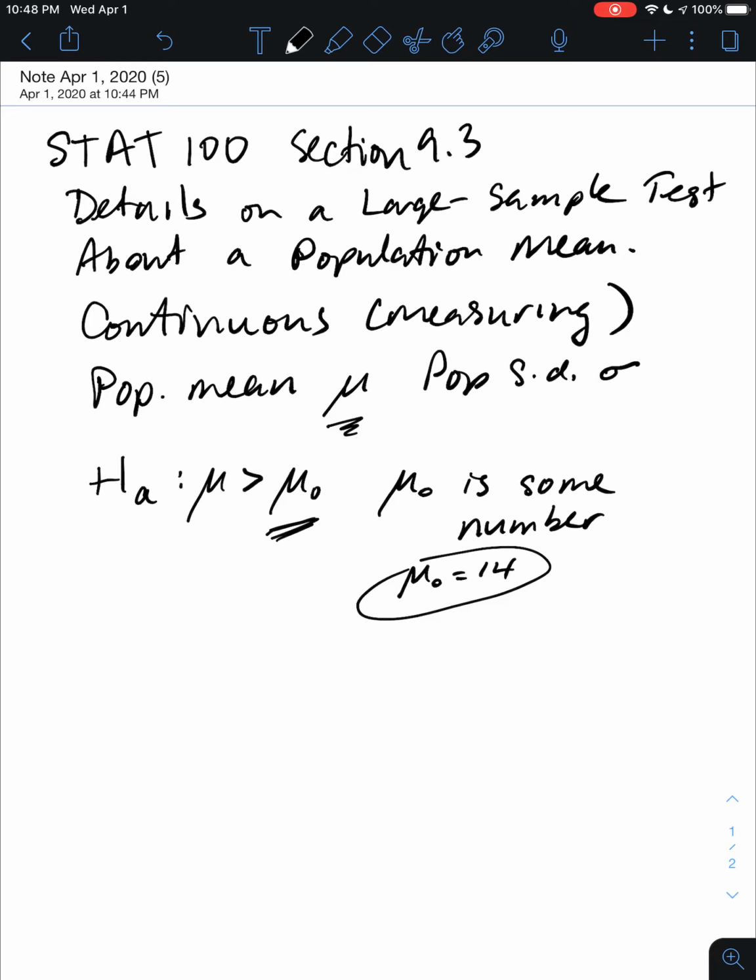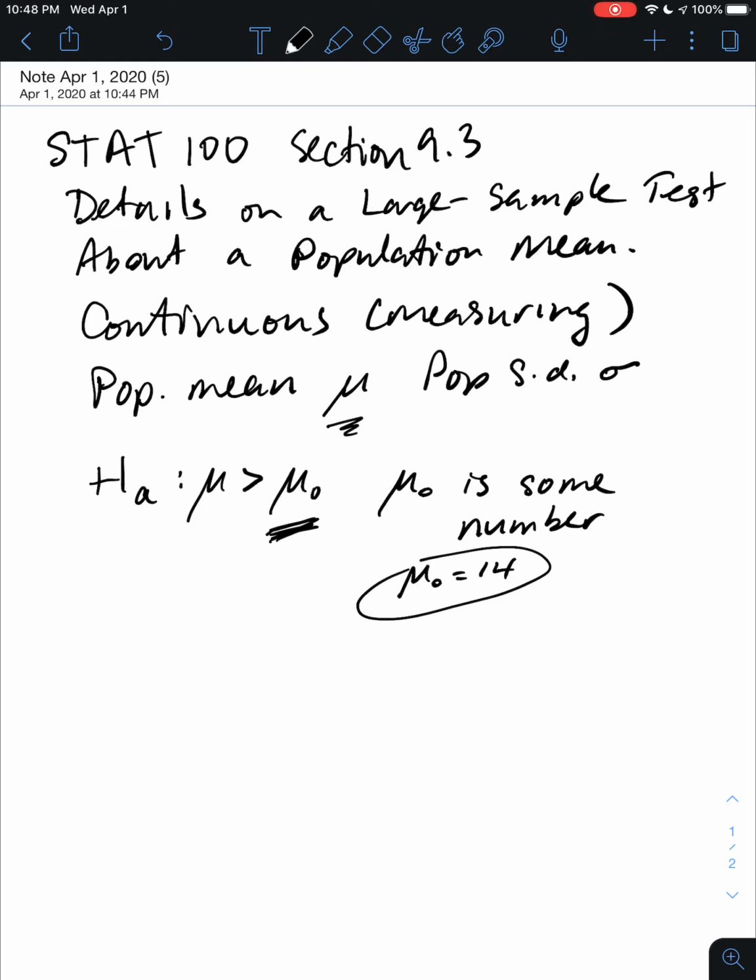In the previous section, we just used a particular example, and in order to smooth the explanation, I'm going to generalize that and give you a blanket statement about how to do the hypothesis testing for any number. For me to do that, I've got to assign a letter to that number.